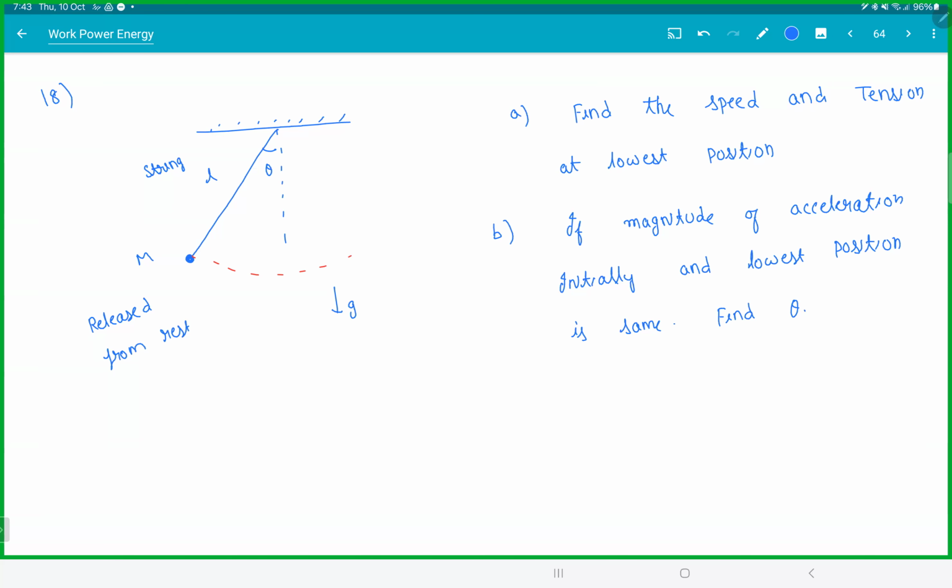Sin theta plus 2 cos theta is 2. Okay, I know that. Simplification, you can leave it like that.